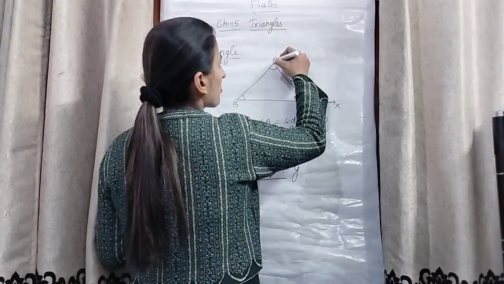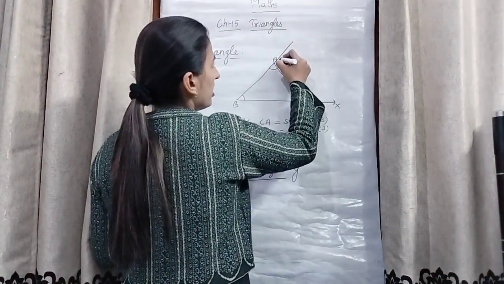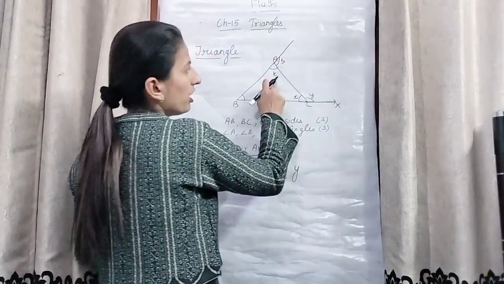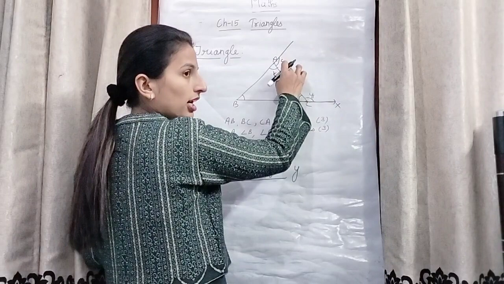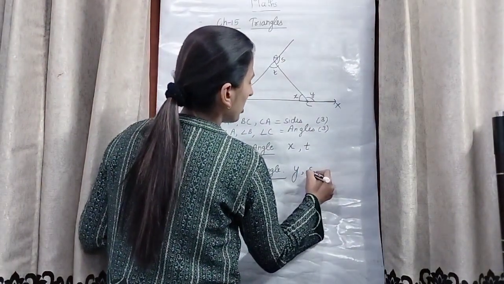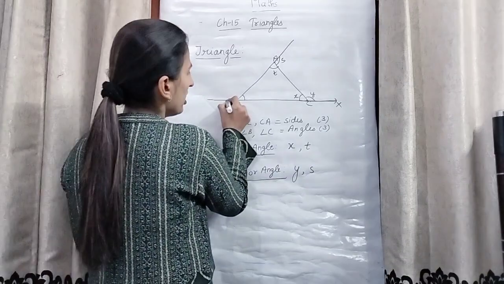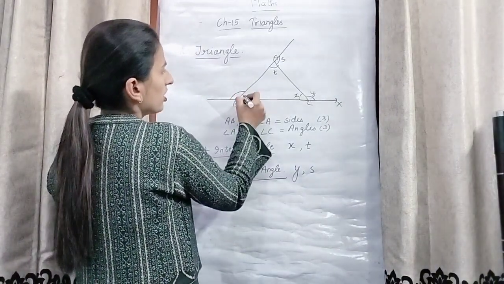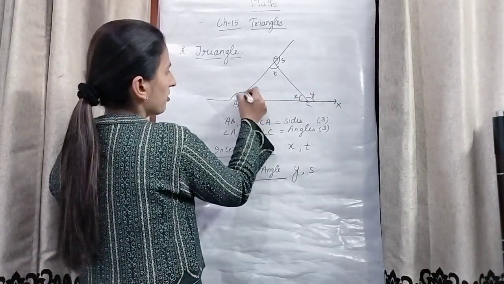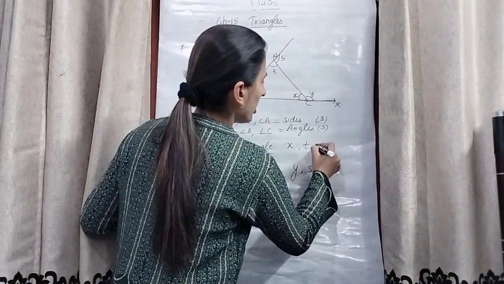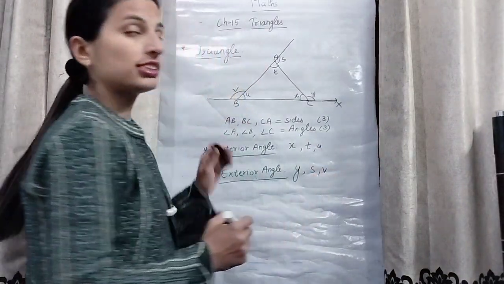Here, if you extend this side and denote the angles by S and T, then T will be the interior angle and S will be the exterior angle. Similarly, if you extend this line and denote the angles by U and V, then U will be the interior angle and V will be the exterior angle.